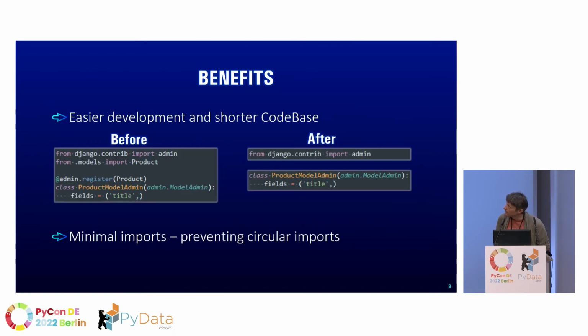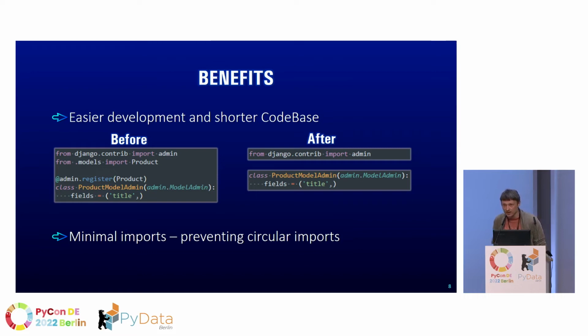What do we have right now? Before, we had to make some imports, we had to import the model, we had to make the register call, and after our auto registry, we don't need it. It happens automatically. I integrated it in 2017, and after that I forgot about registry.